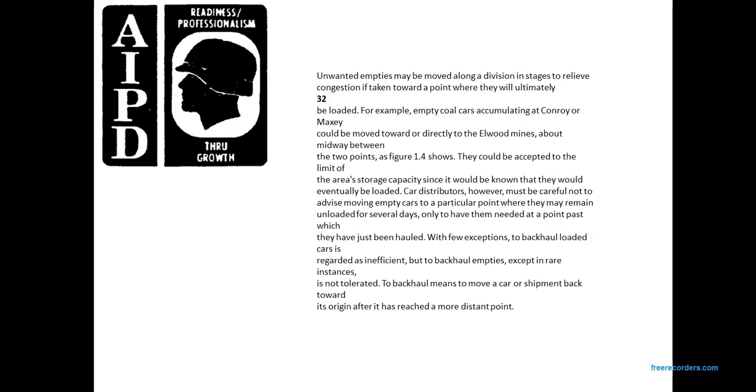Unwanted empties may be moved along the division in stages, relieving the congestion toward the point at which they are ultimately loaded. For example, empty coal cars accumulating in Conroy or Maxie could be moved directly to Elwood Mines, about midway between the two points, as figured in 140, where the average storage capacity would not be exceeded and they would eventually be loaded.